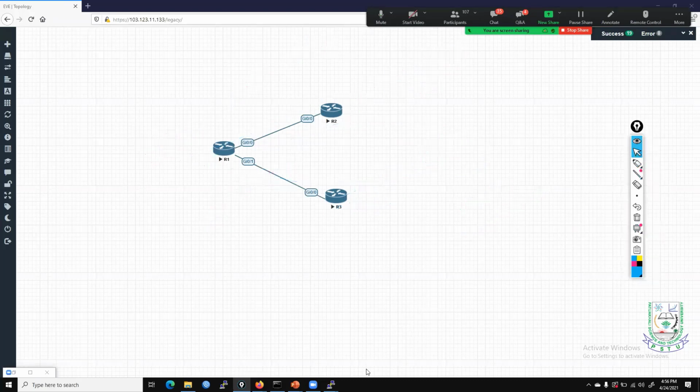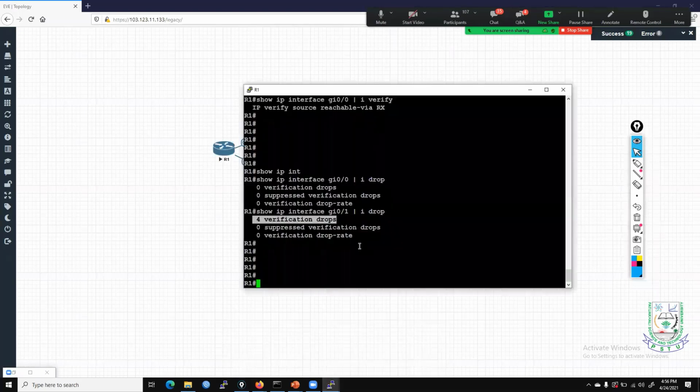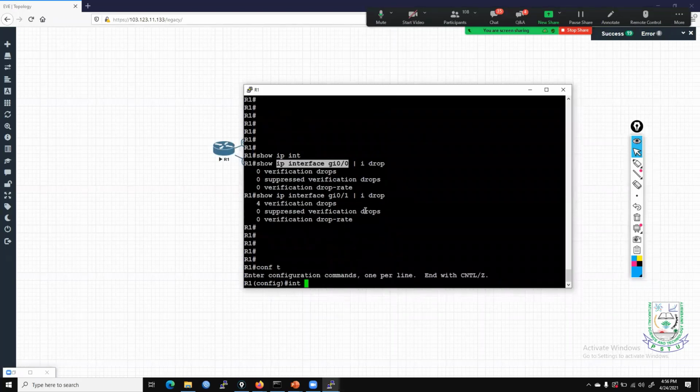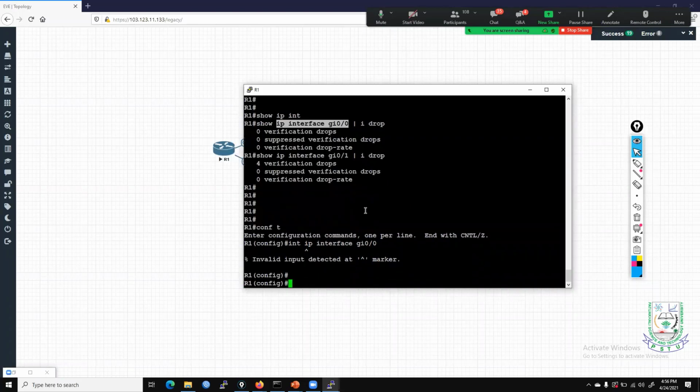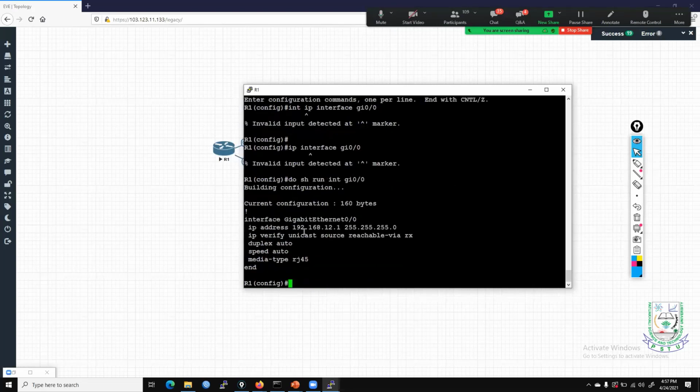The configuration is the same, we just need to change it on gig 0/0 and gig 0/1. Earlier, on gig 0/0 we set IP verify unicast source reachable-via rx, only checking the received packets, right?